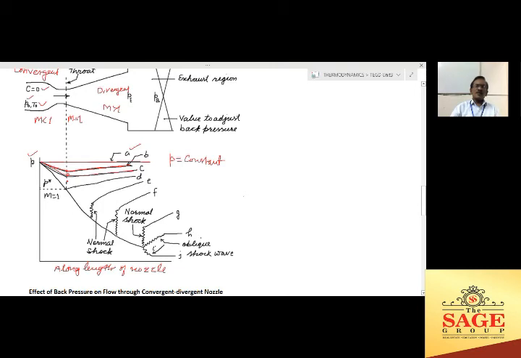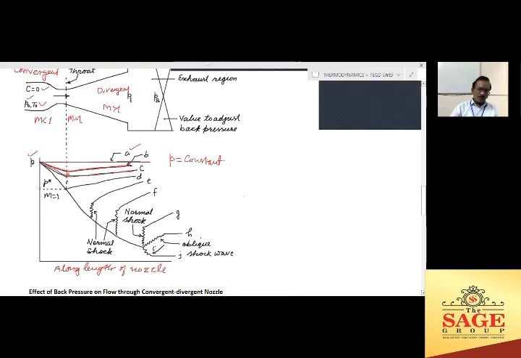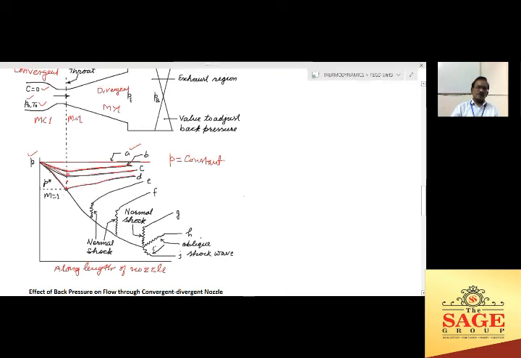If we further decrease the back pressure, axial pressure will decrease, and it is following this curve D. So in the convergent portion, the pressure is decreasing, and beyond this throat portion, the pressure is further increasing. But at this point D, when the pressure is decreasing continuously, definitely the velocity of the flow will increase.